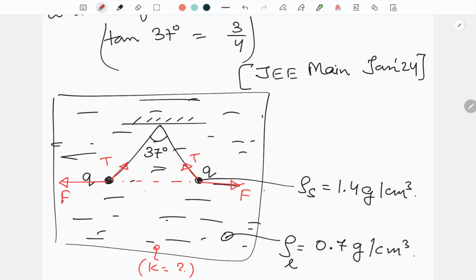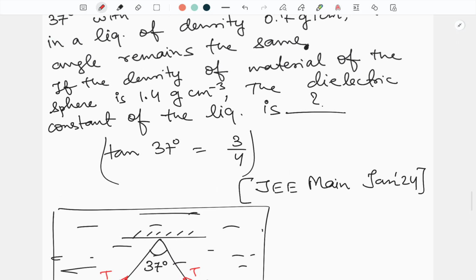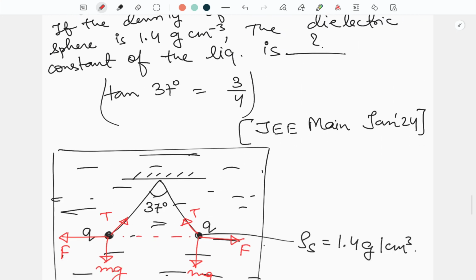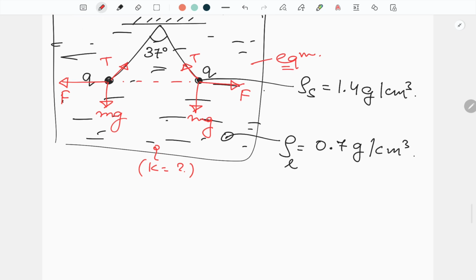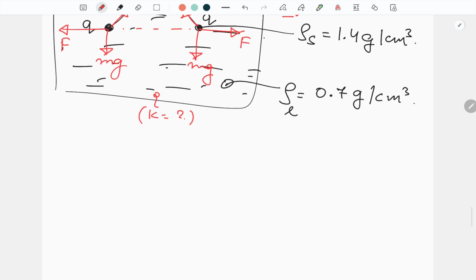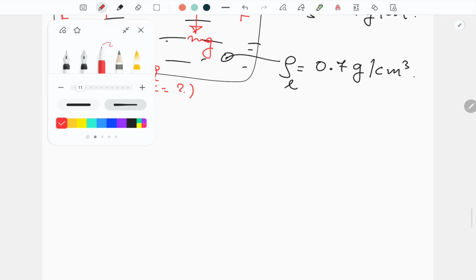Since there is a density of the sphere also, there should be a force mg here also, and the buoyancy effect of the liquid is already considered in this k value, that is the dielectric constant, so we don't have to bother about the buoyant force. As in the question it is given that the angle remains the same, the whole thing is in equilibrium. So if we take any of the two charges, let me draw it again for you.